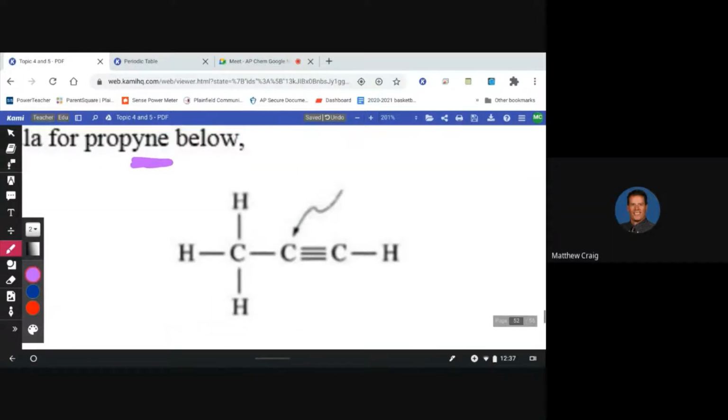So what is the hybridization on the carbon indicated? What is the hybridization on the carbon indicated? Duffer, this one's on you. What is the hybridization for the carbon indicated? I love this question.